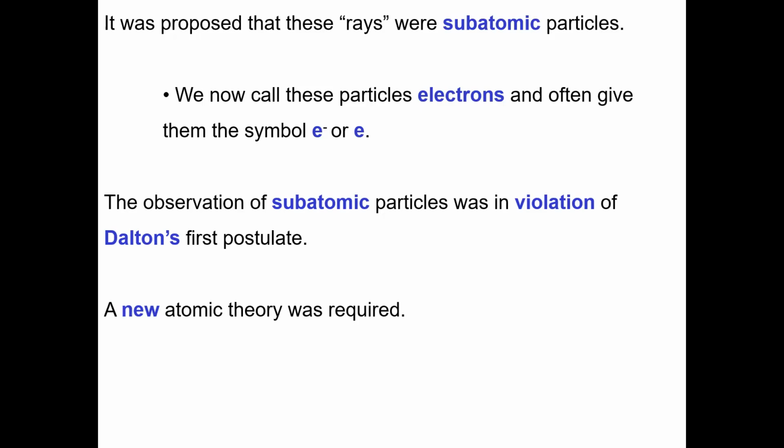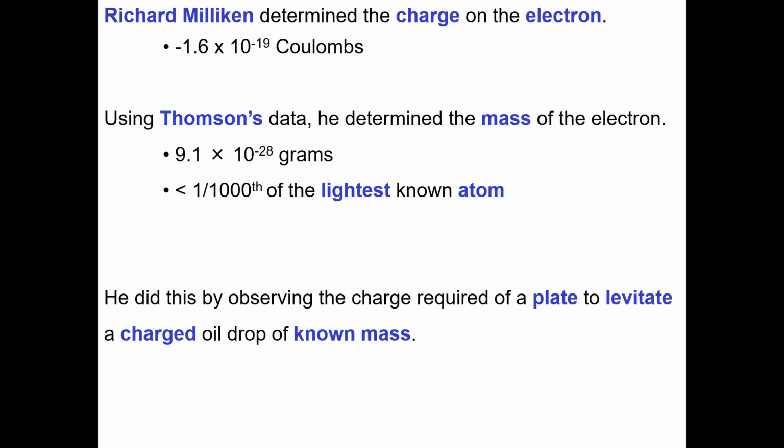He proposed that these cathode rays were subatomic particles, which we now call electrons, and which we normally give the symbol lowercase e superscript minus. Obviously this violates Dalton's atomic theory because we're now saying that atoms have parts. So this leads us towards the development of a new atomic theory.